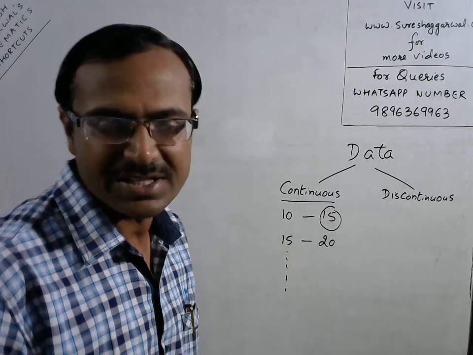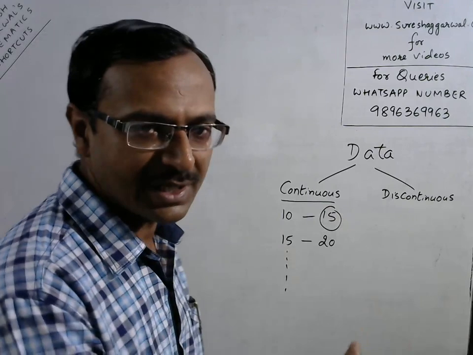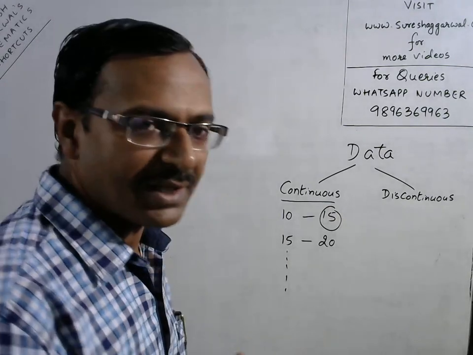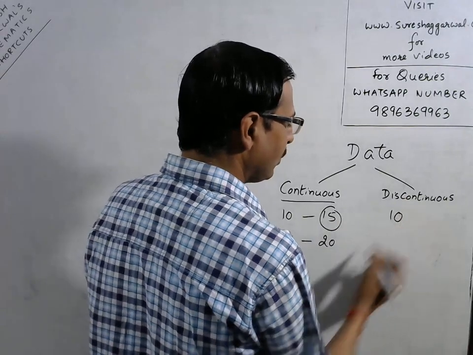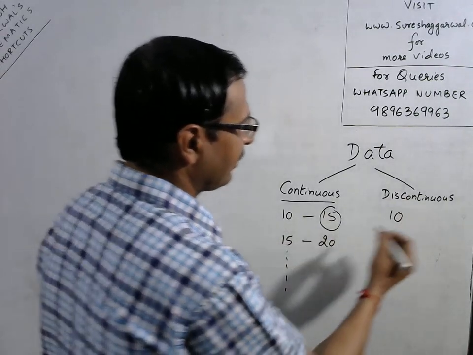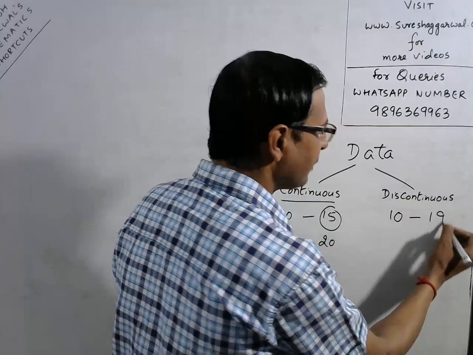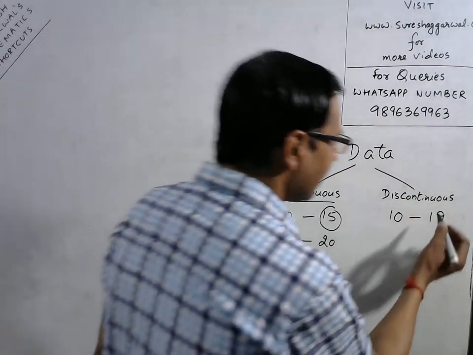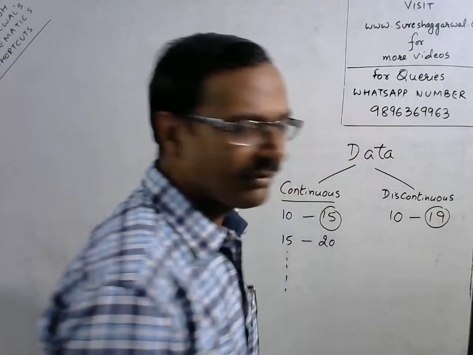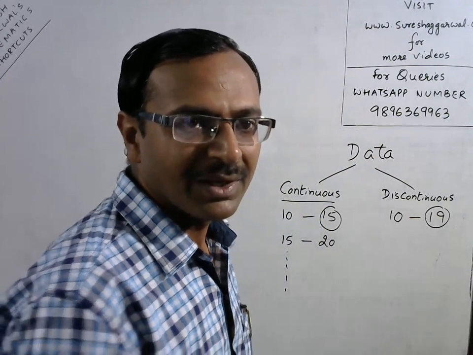Now how do we distinguish between continuous and discontinuous data? For discontinuous data, look at the value where the first class interval terminates. See here, we have 19 as the upper limit of the first class interval.